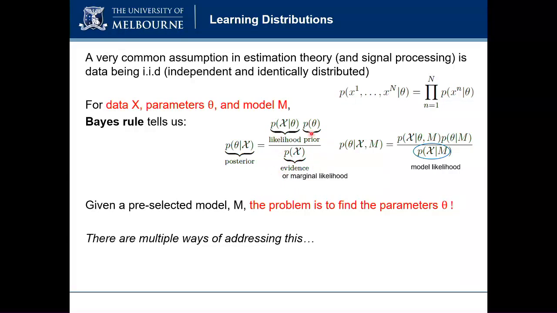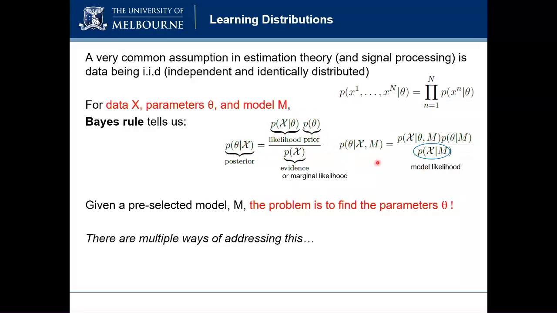But if the data is given, then this p of x is already known, observed, and the prior, you may or may not have a prior on the parameters themselves. If you don't know anything, then they are equally probable, a uniform distribution, right? So then you see the posterior and likelihood are almost the same if the prior is uniform, and that's one of the main things.